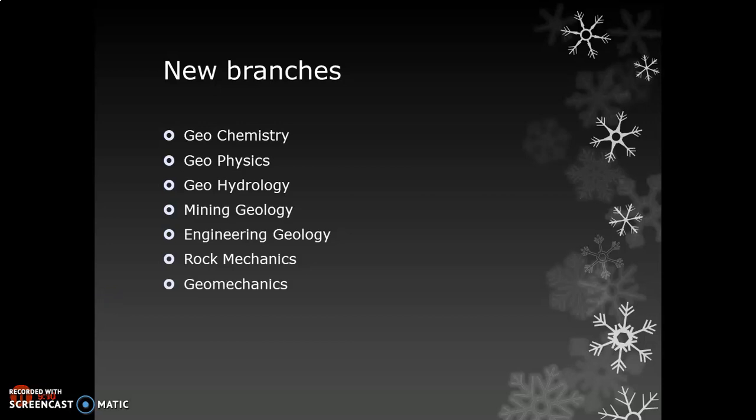And then geomechanics. Geomechanics means the effects of supernatural forces on Earth's surface. That is, suppose a meteor falls on Earth's surface, there may be some changes on the surface of the Earth, that is, the features of the Earth. Such ideas come under geomechanics.